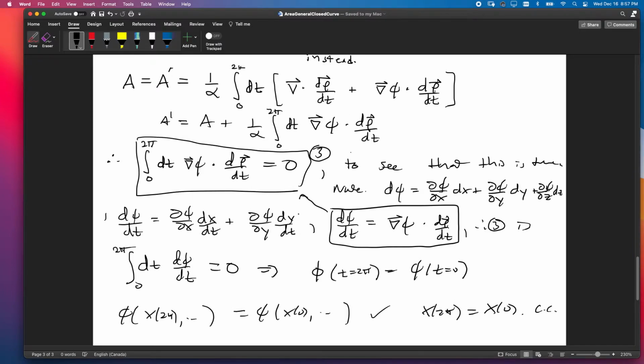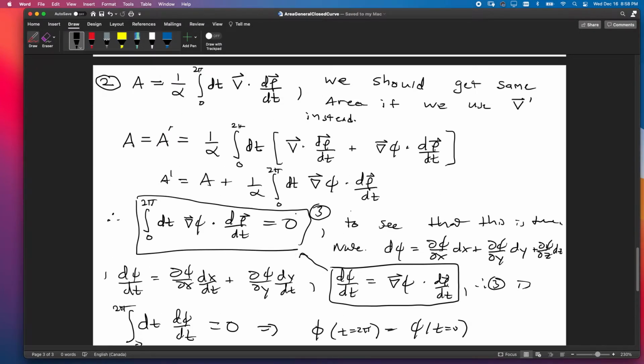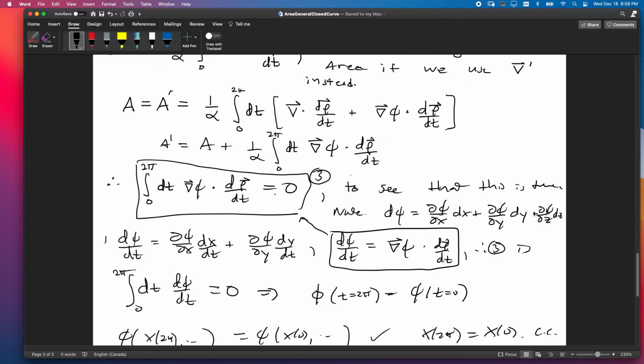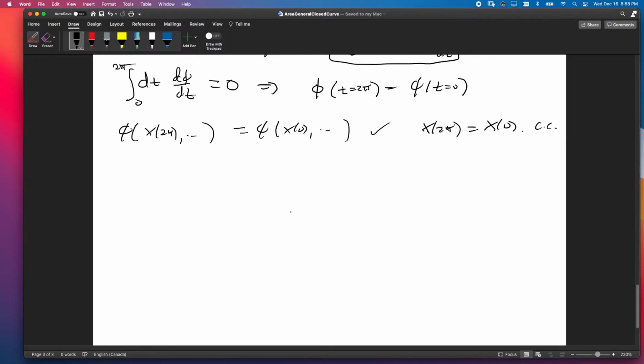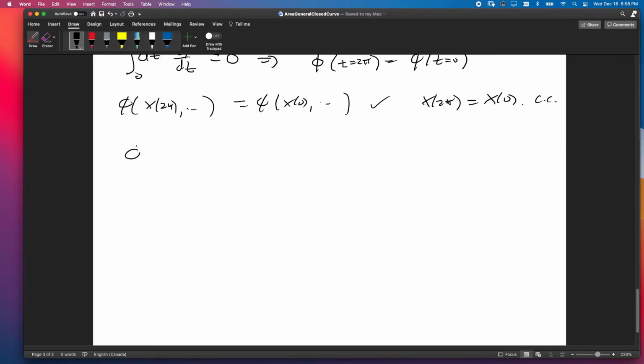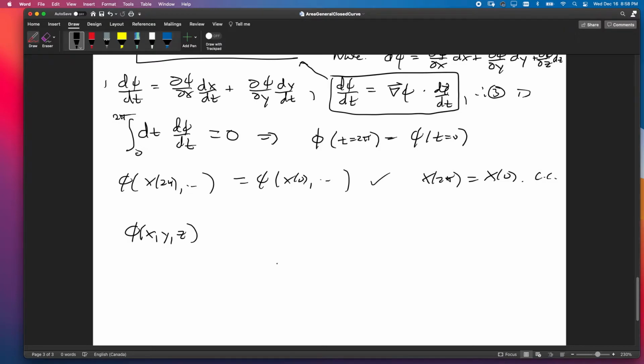Okay, so what this tells us is that for any choice of phi, when we integrate phi of x, y, z around the boundary, we use this function instead because x, y, and z are parameterized by t.